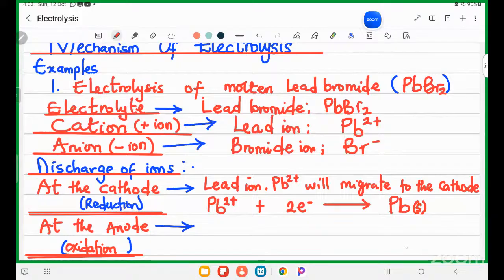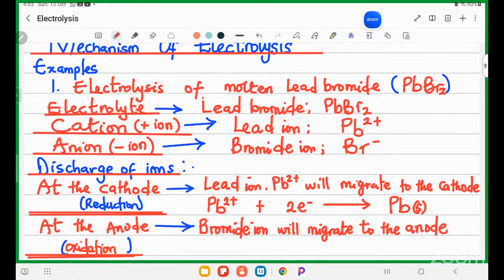Yes, sir. Good. Now, as for the anode, what's going to migrate? You write bromide ion will migrate to the anode.